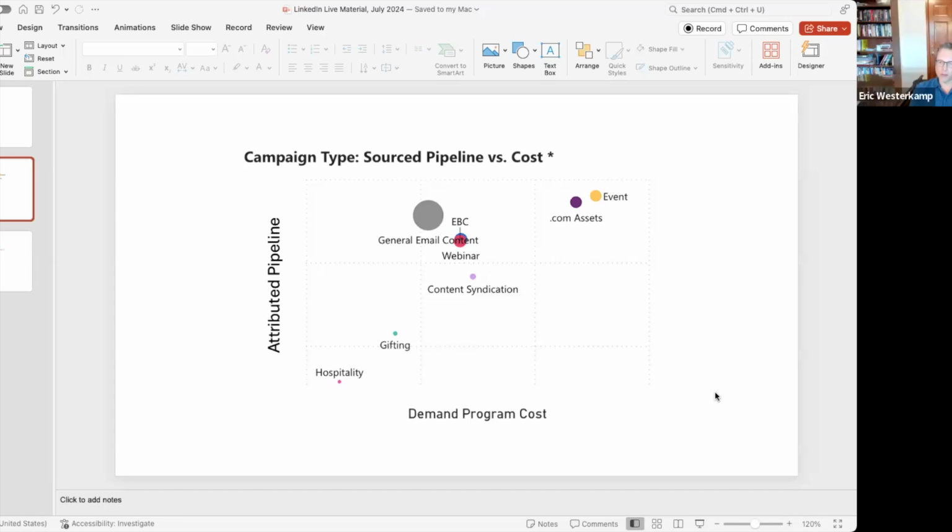That's a valid set of follow-on questions. If events give me access to all that revenue, can I push that yellow dot to the left to increase the diameter of the dot? And the answer is probably yes.